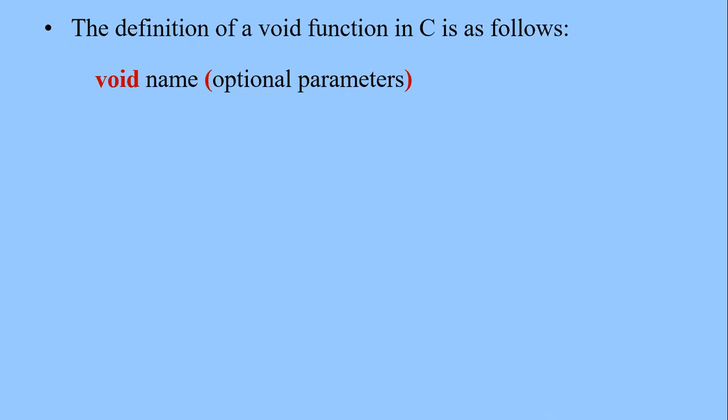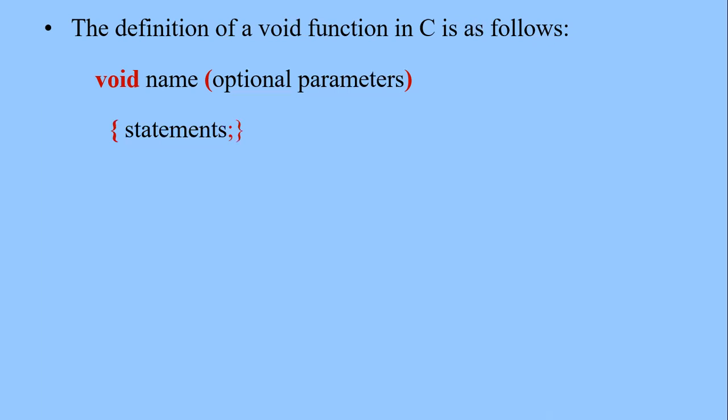then optional parameters. And then we have the left parenthesis, not parenthesis, but the left brace. Then we have the statements to be executed, with each statement being terminated with a semicolon. And then we have the right brace to block our statements.